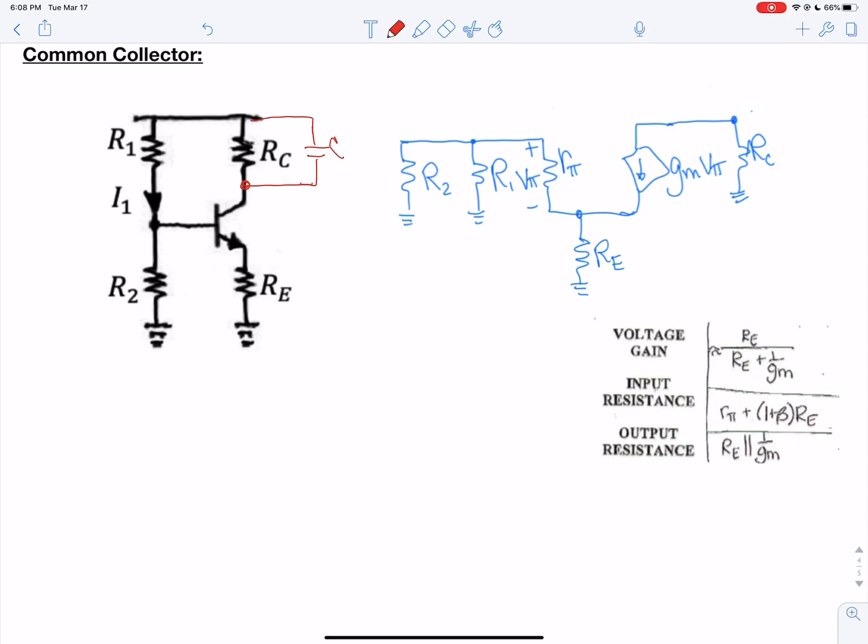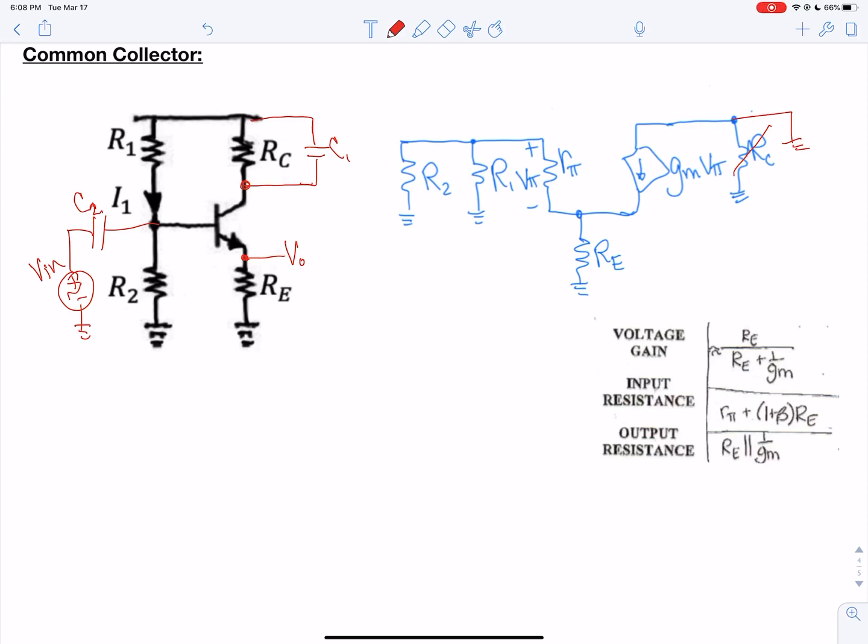The common collector, you're going to bypass the collector with a capacitor. And so here you'll have that connected to ground, so that will bypass the RC. And for this one, you're going to have the input still at the base. And your output for this one will be at the emitter side.